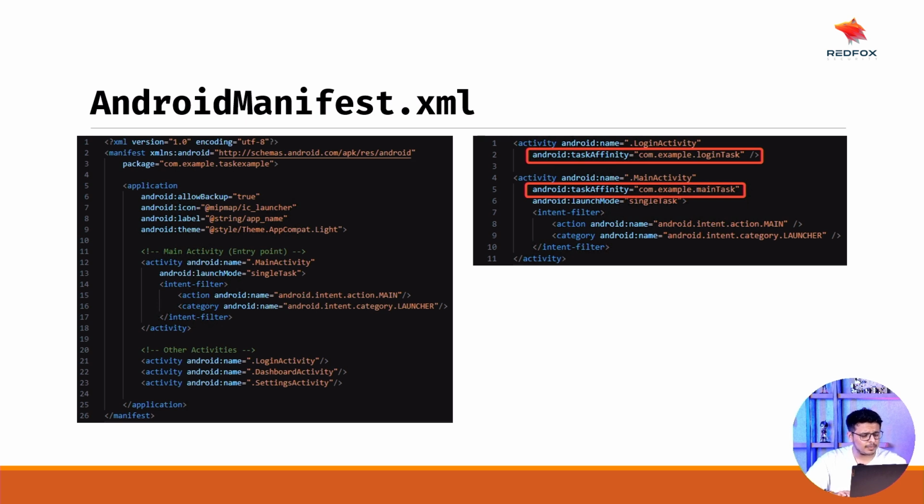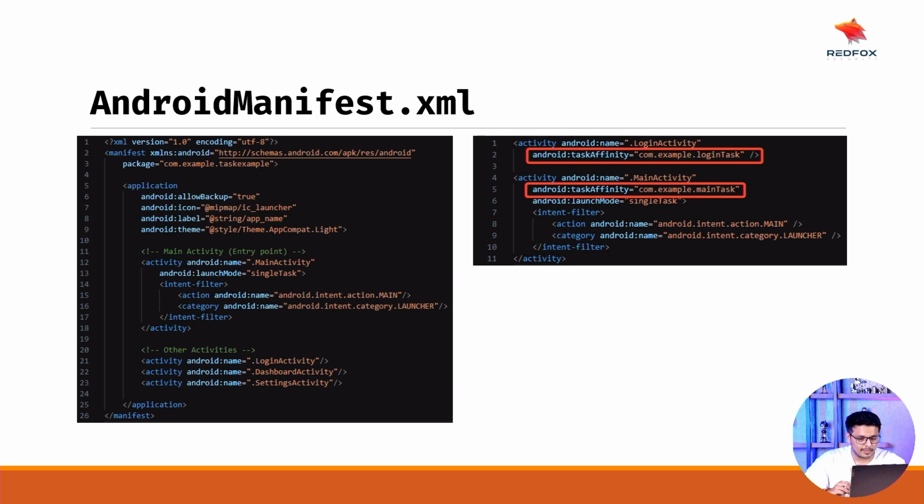When a user is performing all the activities in a collection, he is performing a task, and when he is performing a task, there is always a backstack history going. So this is how the components look in the manifest file. The two more important components for the StrandHogg vulnerability are task affinity and single task launch mode.